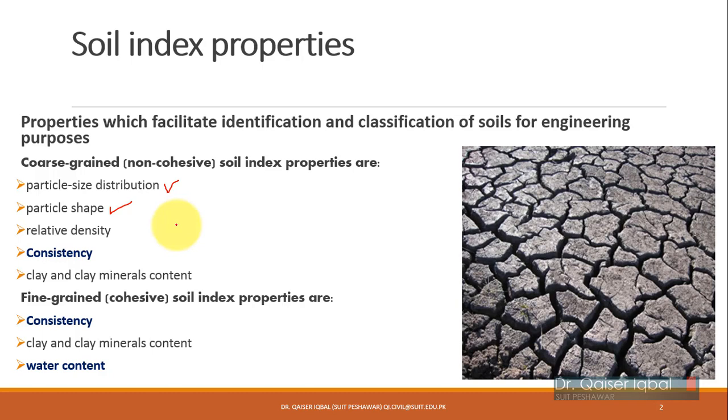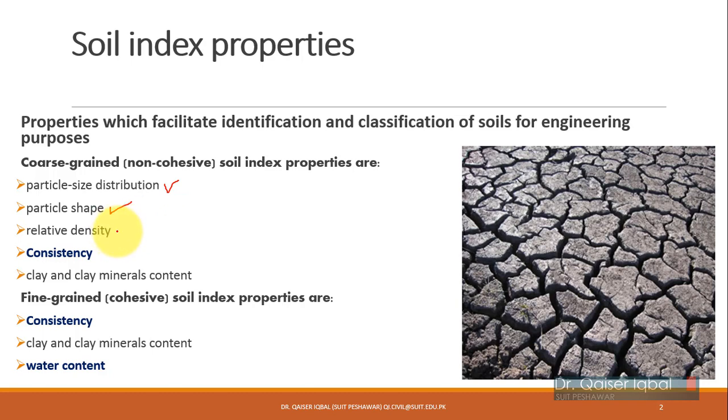While if you get aggregate from a riverbed, you will see that aggregate is more round in shape, and you can call it a round aggregate. So based on the particle shape as well, you can differentiate between one soil and another soil. That's why particle shape is also a very important index property.